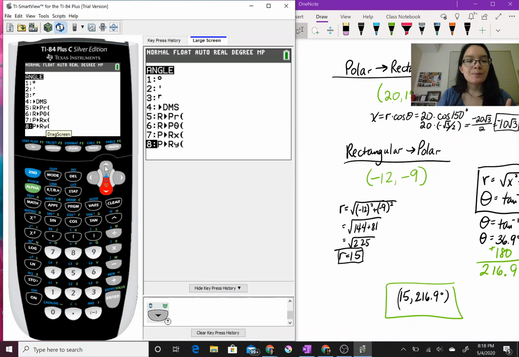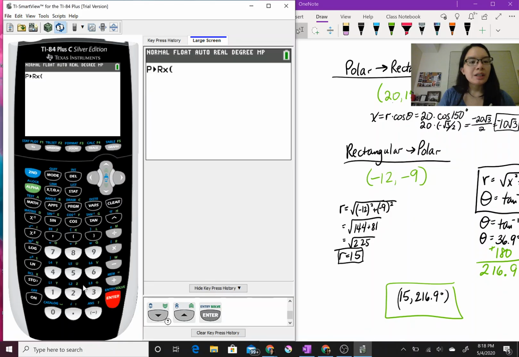Okay, so I have polar coordinates 20, 150 degrees. I'm going to go here and use polar to rectangular for the X coordinate. I'm going to input 20, comma, and then 150.